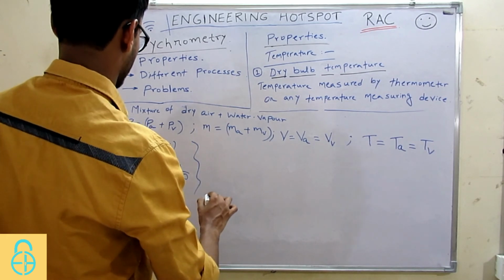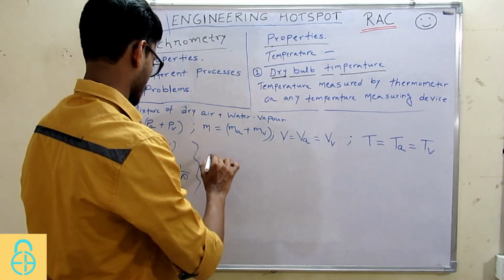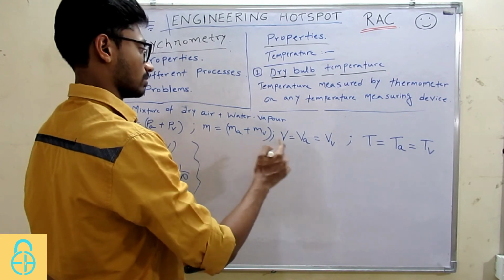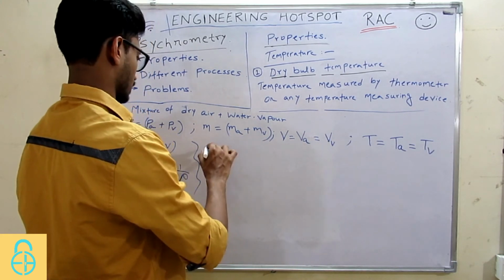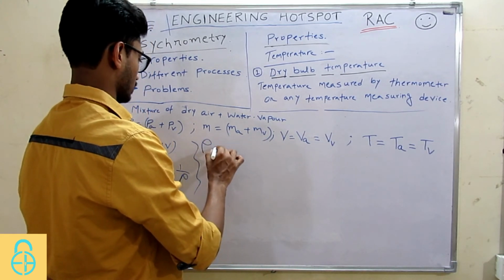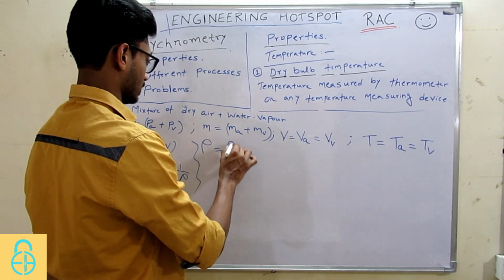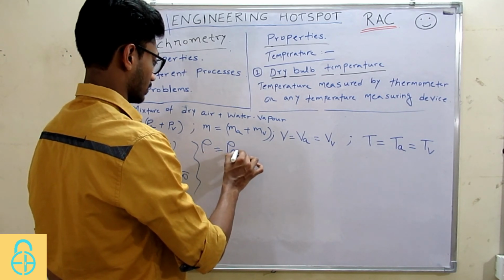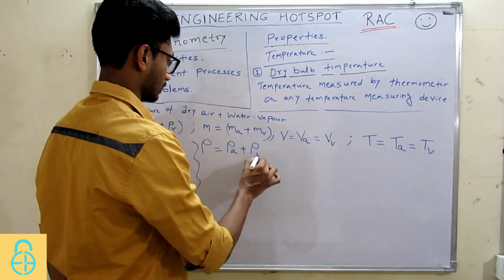So what does it mean? Let me write for density also. Density of mixture will be density of dry air plus density of vapor.